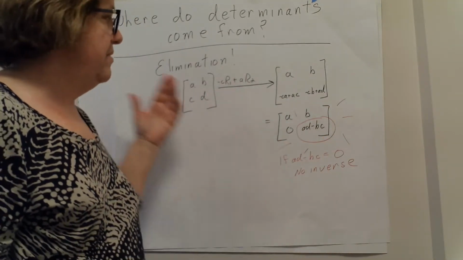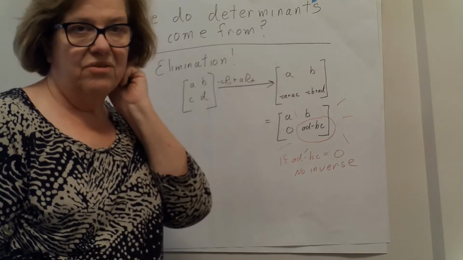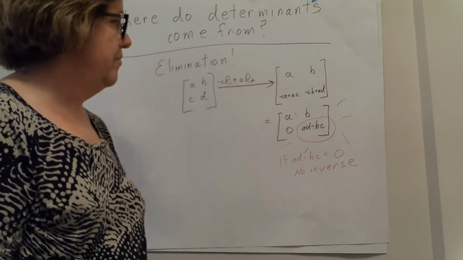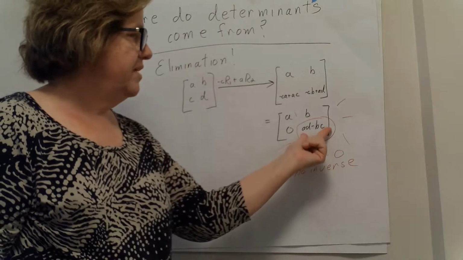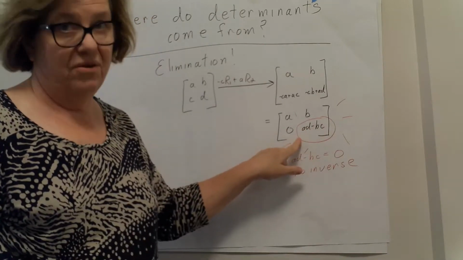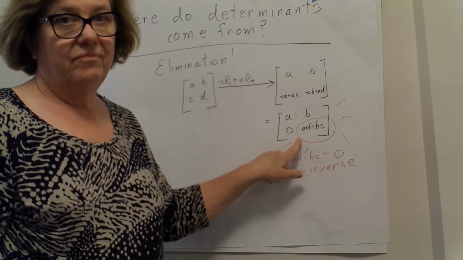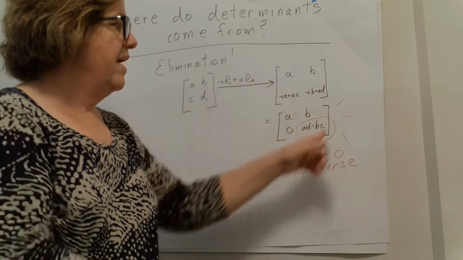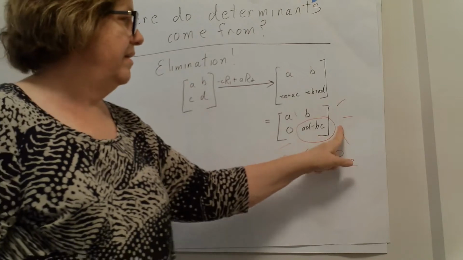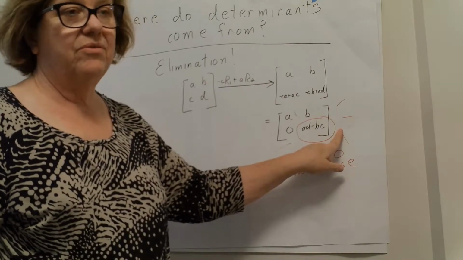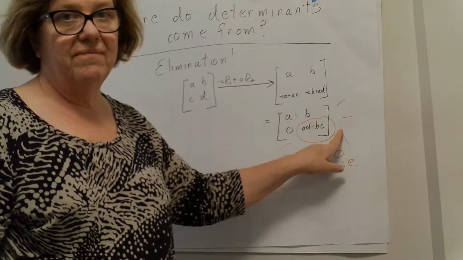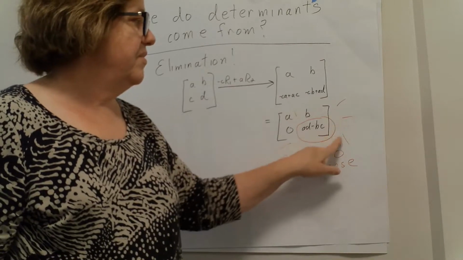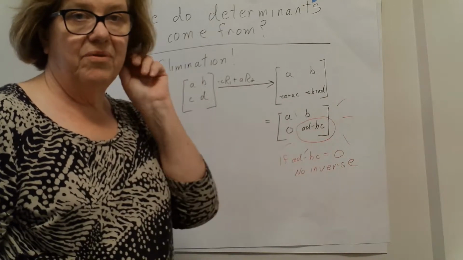Okay, so based on all the Gaussian elimination work we've done, if this pivot is 0, what happens? Well, if our right-hand side, our b, is actually a value like 1 or 2, we have no solution. If it's a 0, then we're going to have an infinite number of solutions.